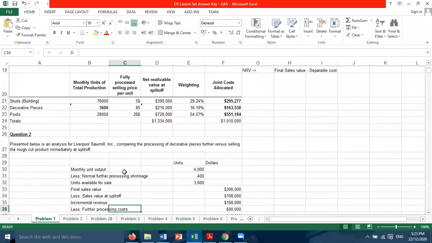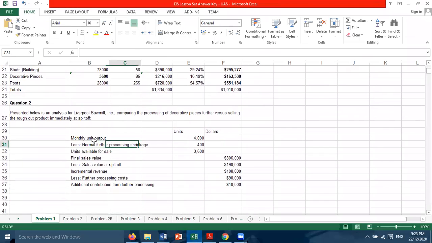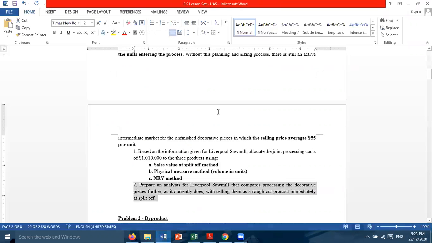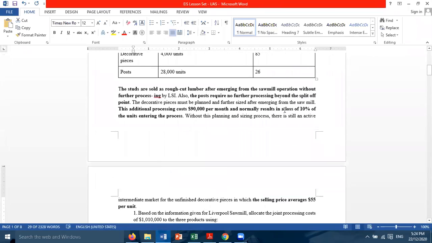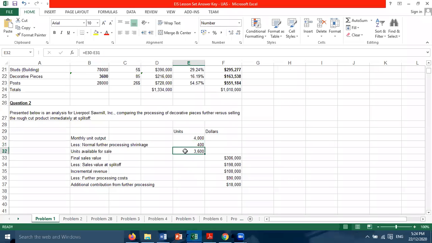Okay, so first we need to find the monthly unit output, which is 4,000 there. And then remember in the question, once it is further processed, it loses 10% of the output. Here, a loss of 10% of units entering the process. So we know that at the end, after further processing, the units available for sale is 3,600 only, where its final sales value will be 306,000.